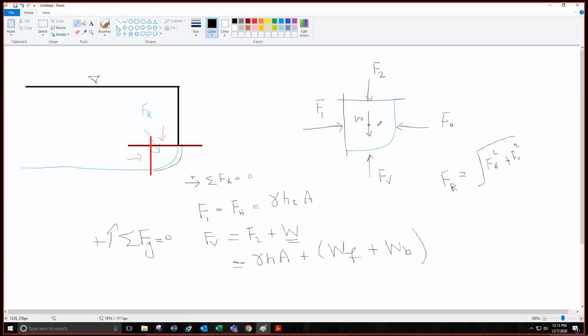Fr would be directed like this, theta, and that theta would be equal to tan inverse of Fv by Fh. ठीक है?